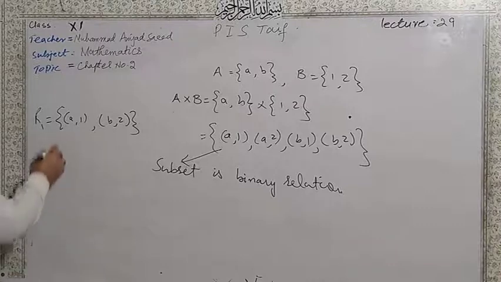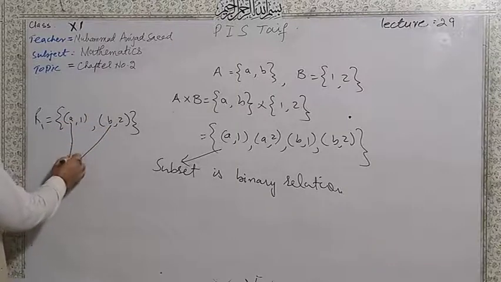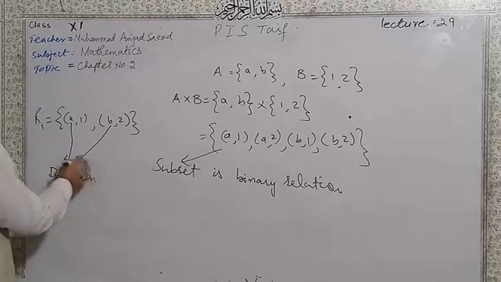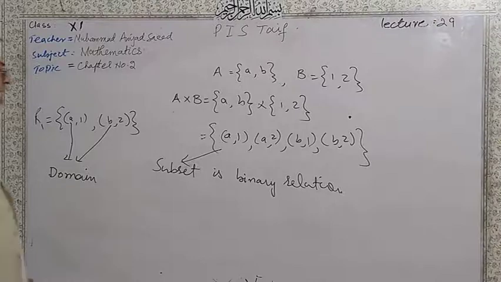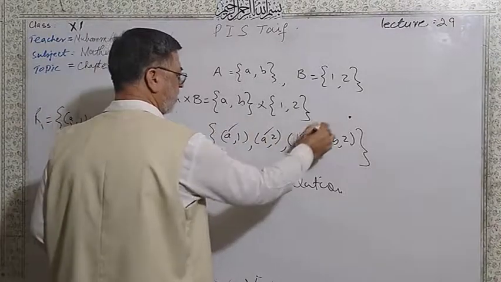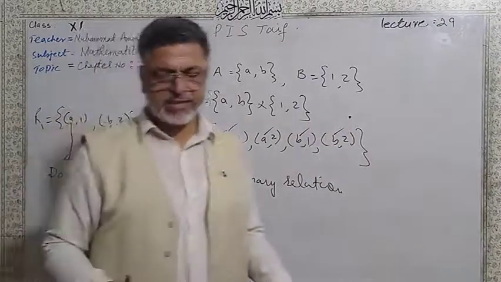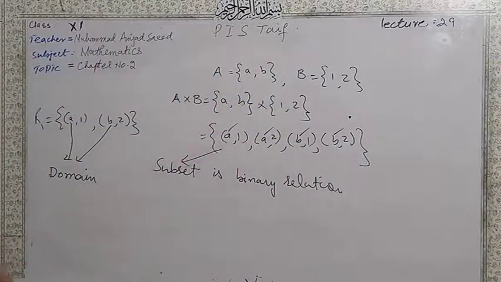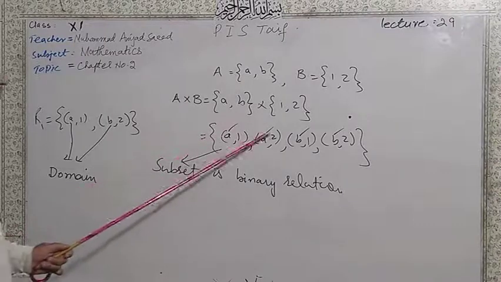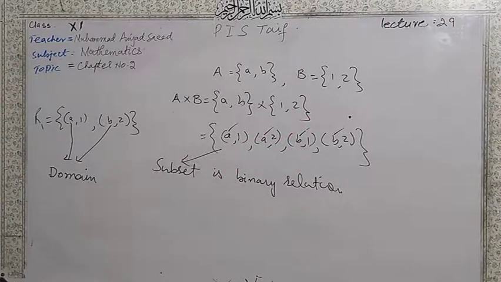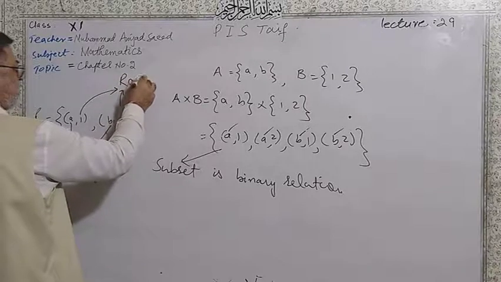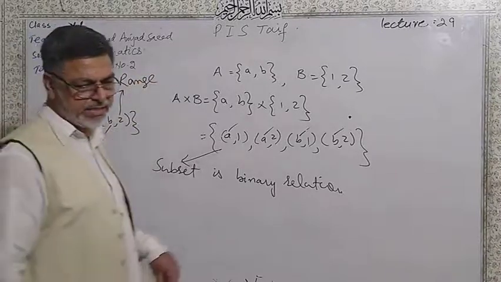Remember that first members are always the members of the domain. A set consisting of first members is known as the domain, and the set consisting of second members is known as the range set.